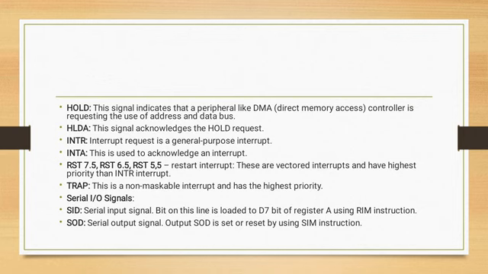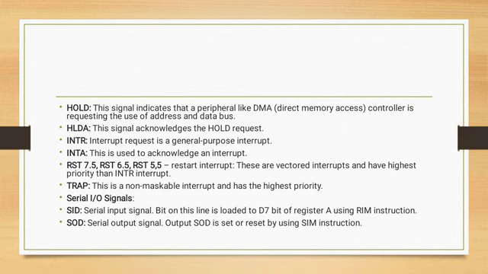If the CPU is in hold state or the interrupt enable flip-flop is reset, an interrupt request is not honored. And INTA is an interrupt acknowledgement which is sent by the processor after INTR is received.